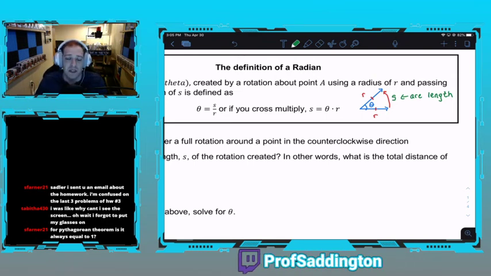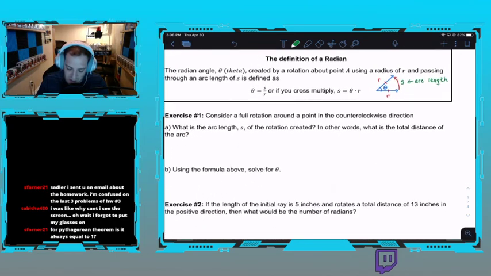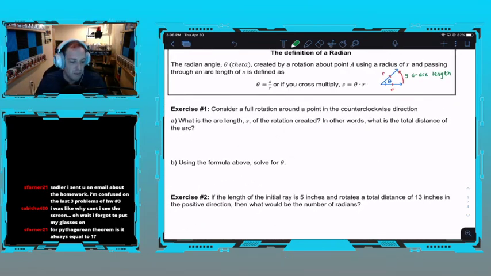But S represents the arc length. So today we're going to be solving for either the angle in radians, possibly the radius, or possibly the arc length. In general, I'm just going to show you guys in exercise number 1 a brief picture of what all of this actually is.